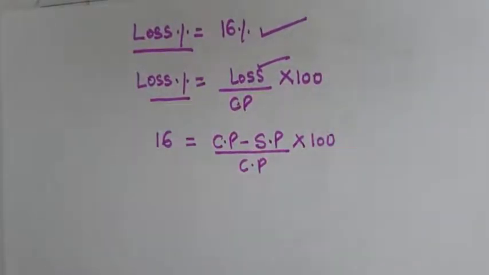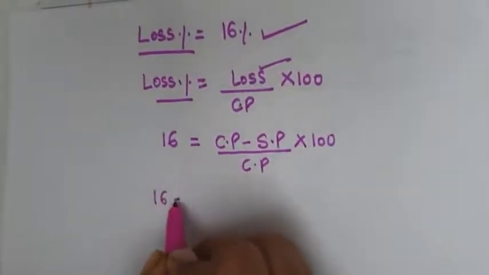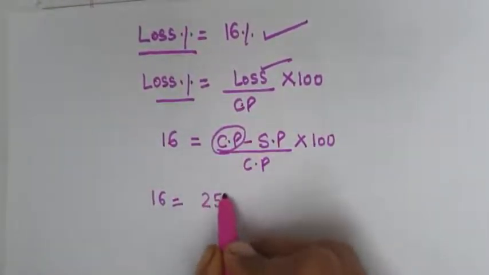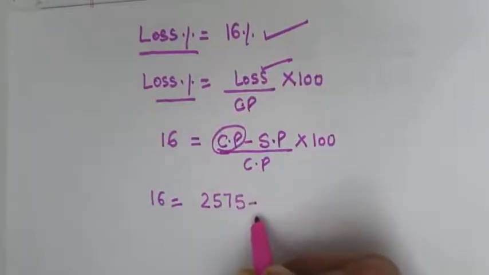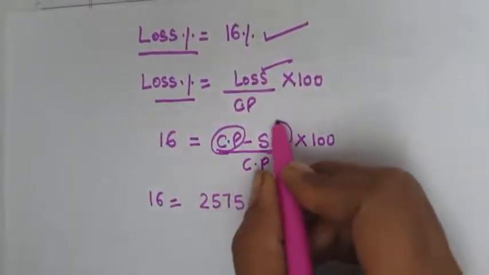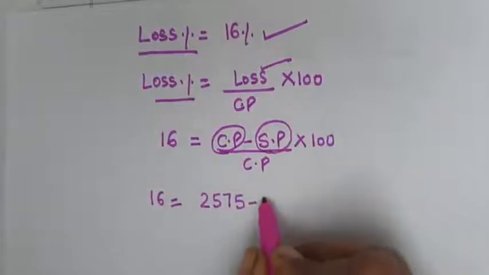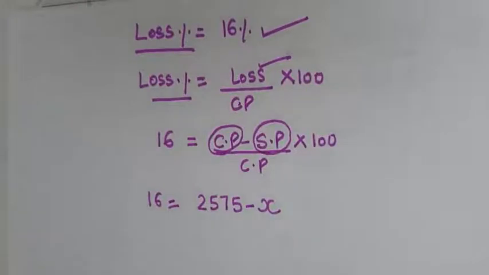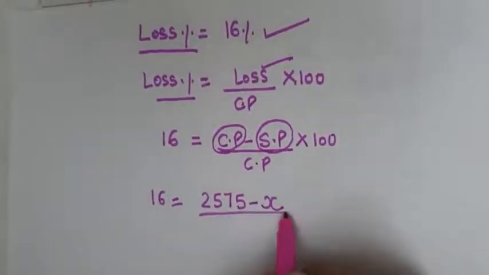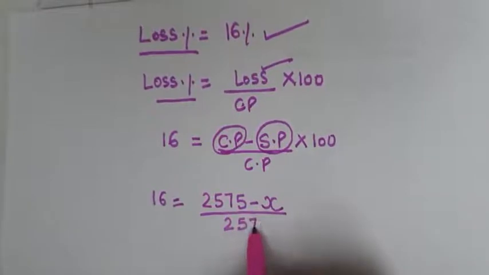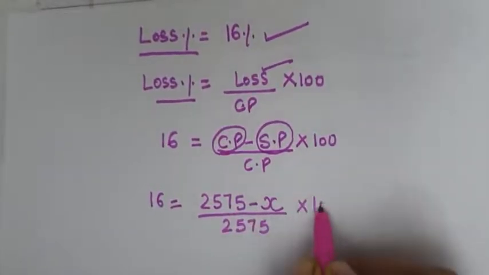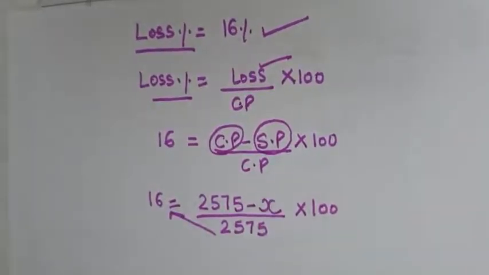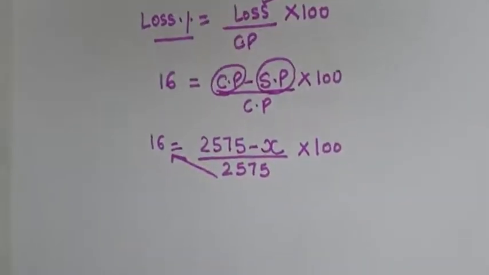Now put the values. 16 is equal to cost price 2575, selling price that we have to find out, so again let us suppose it x, you can also suppose it y, upon 2575 multiply 100.